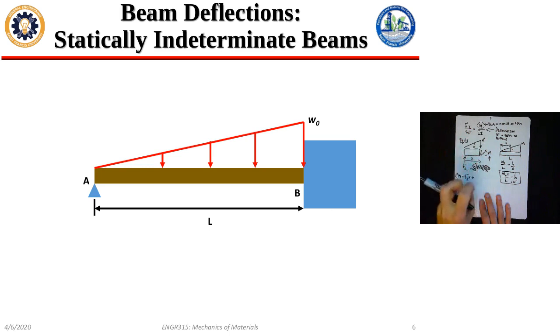Like we know what W naught is. We know what L is, because they're things that define the problem itself. They're applied loads. They're actual physical lengths I can go out and measure with a ruler.